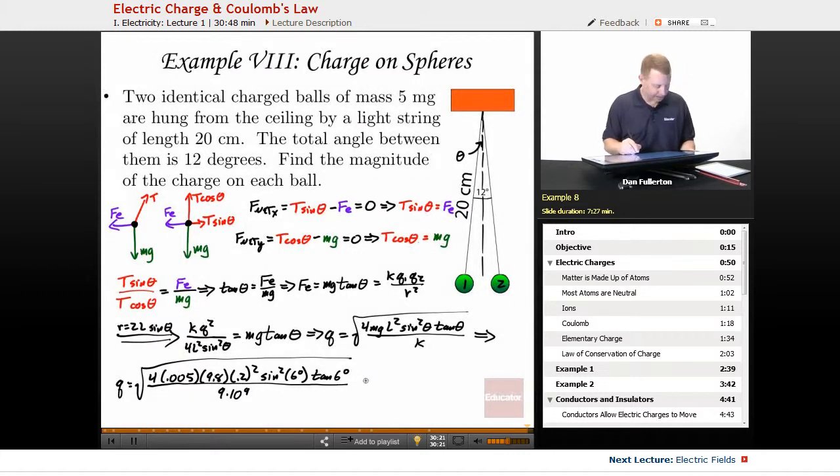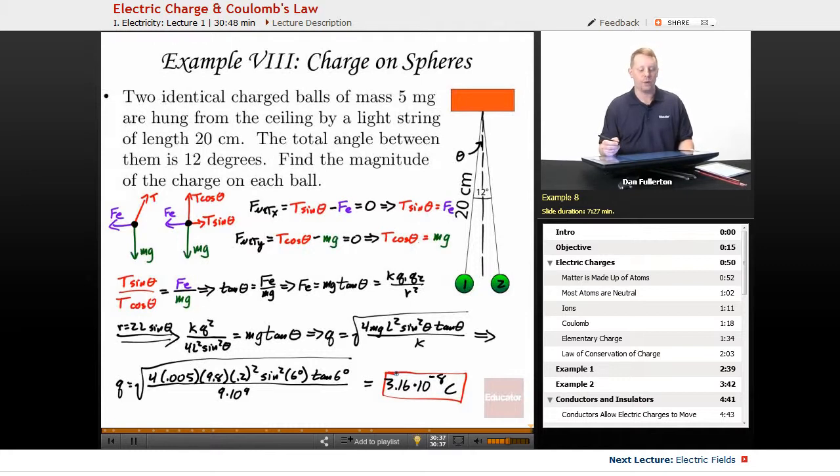Take the square root of that, and I come up with about 3.16 times 10 to the minus 8 coulombs. The charge on each of those spheres.